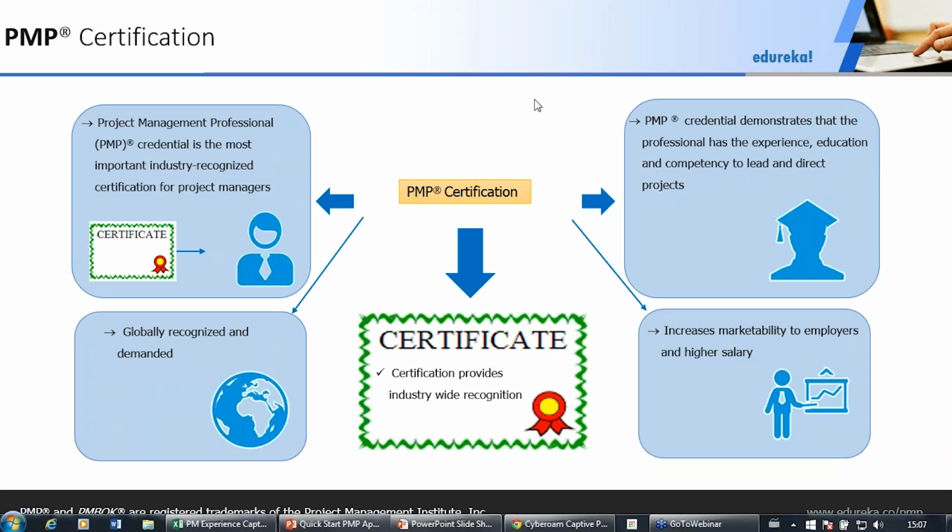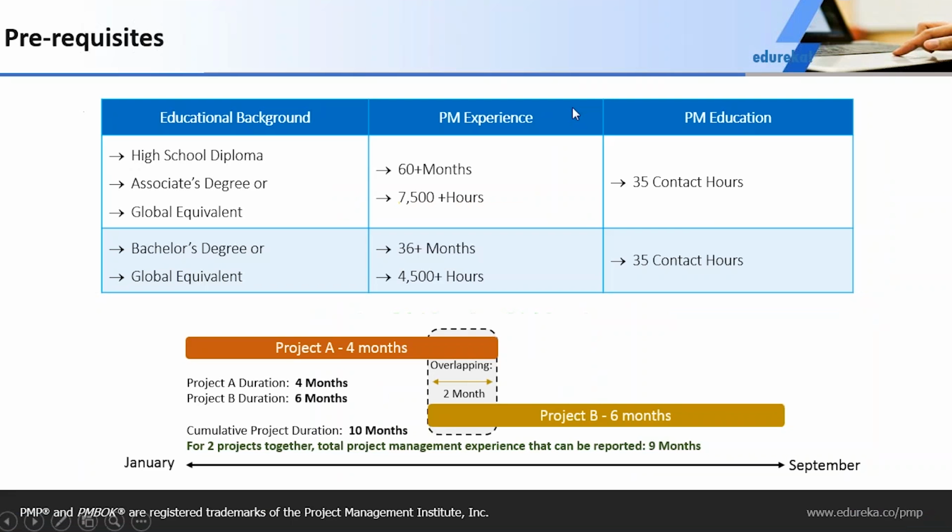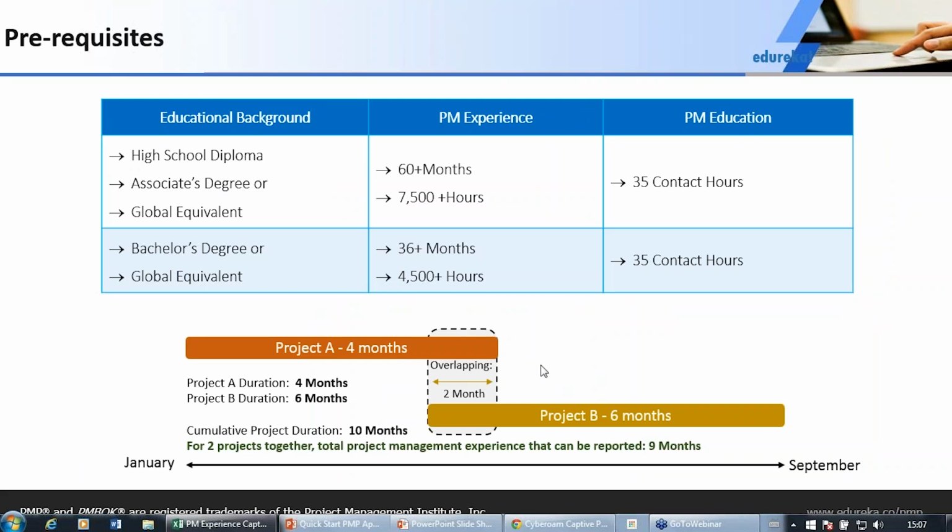So, we talked about the PMP and what it is, and now let's understand what it takes to become PMP certified. First of all, the prerequisite. If you are a degree holder, an engineer, you have a BTech or any other graduation degree, you need to have 4,500 hours of project management experience along with 35 hours of project management education.